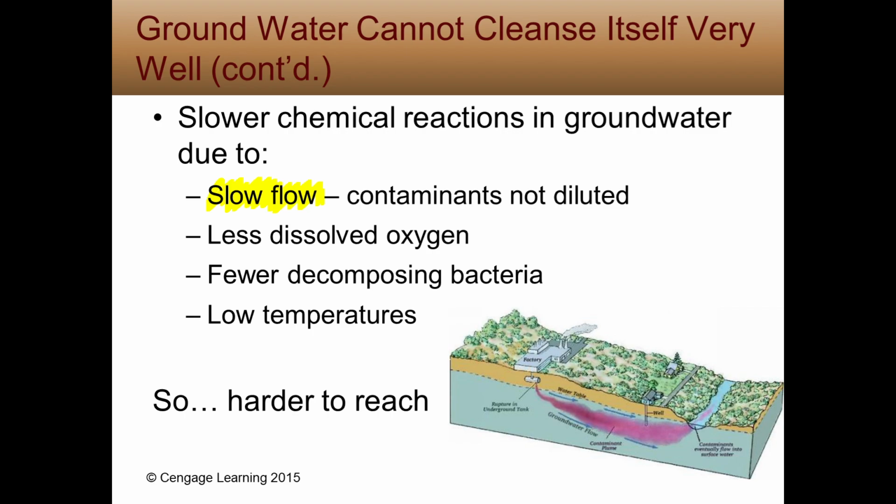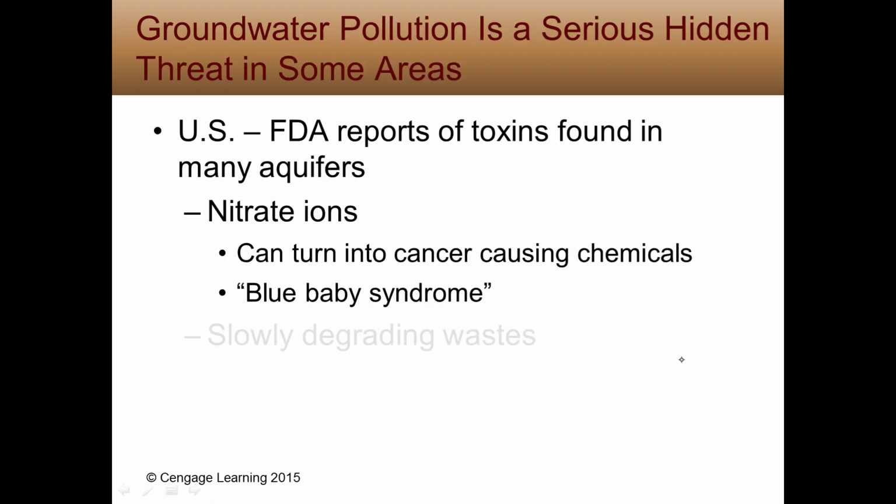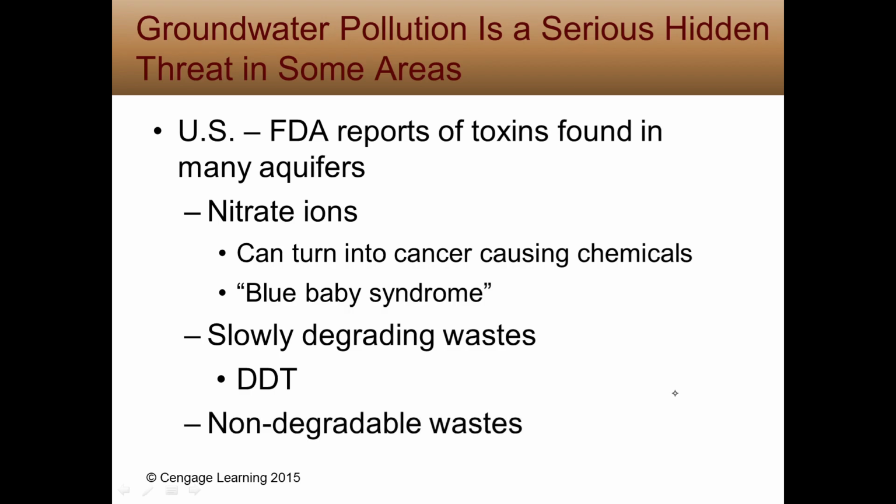So when you're looking at types of groundwater pollution, like number 13, here are 3. One is nitrates. This is what the FDA reports as toxins found in aquifers.